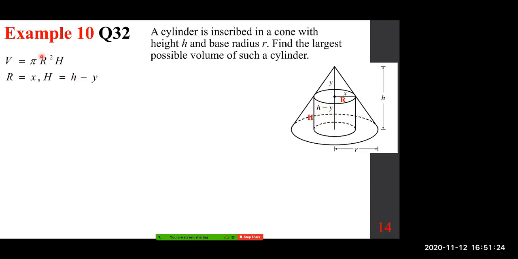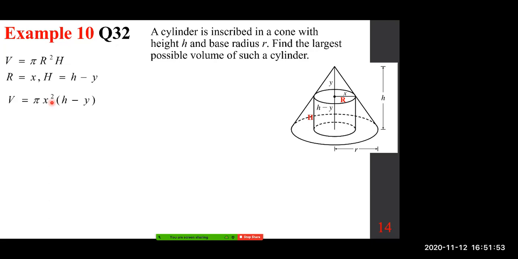But again, pay attention to the fact that we are writing the volume of a cylindrical shape. Now we are replacing the capital R with x, and we are replacing the capital H with h minus y, okay? And therefore, the volume becomes a function of x and y, okay?